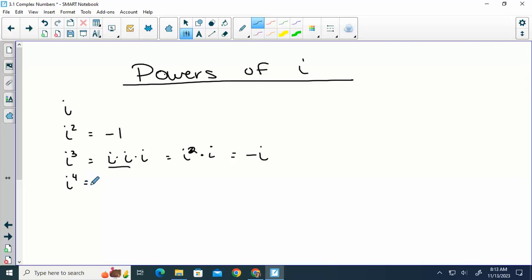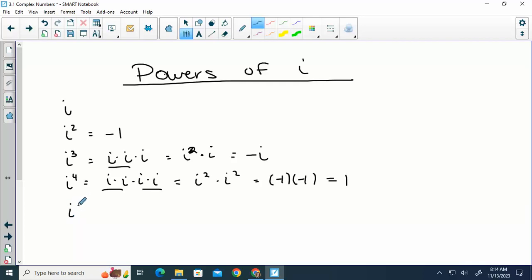If I had said i to the fourth, so if you have 4 i's, we like to make groups of 2 because every time we get an i squared, that's negative 1. So you have i squared times i squared, or negative 1 times negative 1, which is positive 1.